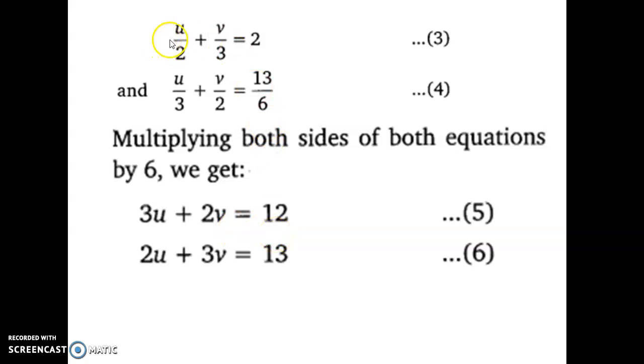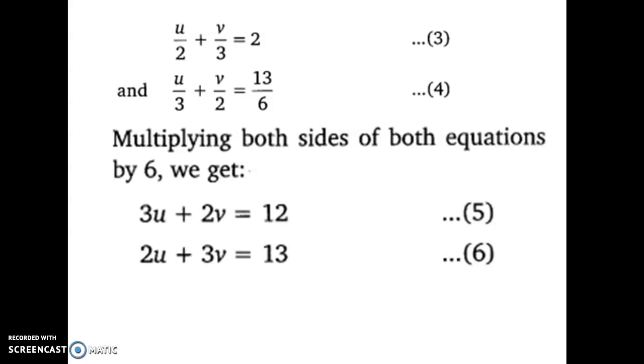When you multiply the full equation by 6, 6 and 2 will get cancelled and you will get 3u. Here 6 divided by 3 will be 2, so 2v. And 2 into 6 is 12. That's why you got this equation and that is named as the fifth equation.